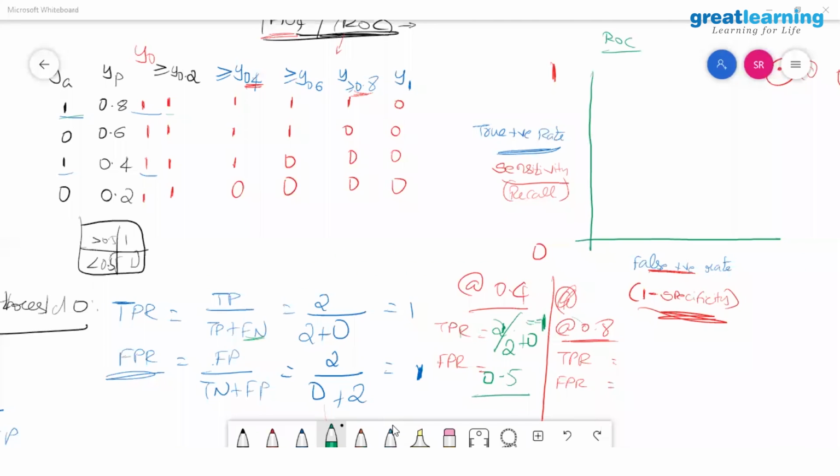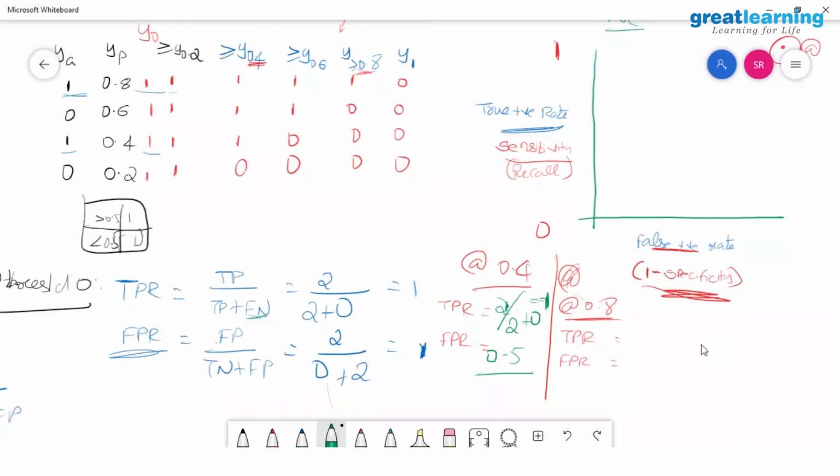Raghu, Isma, you're silent today. Swagata, what is the true positive rate for the threshold at 0.8? It is 0.5. And what about the false positive rate? 0. False positive rate is going to be 0.